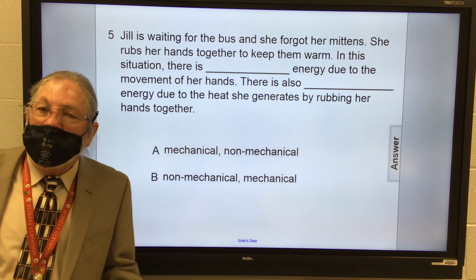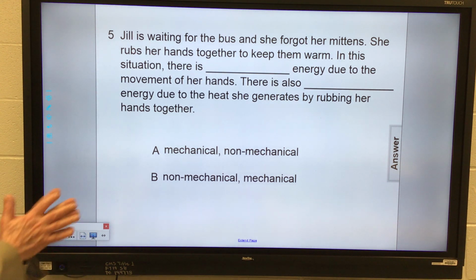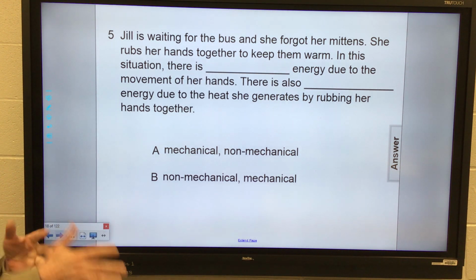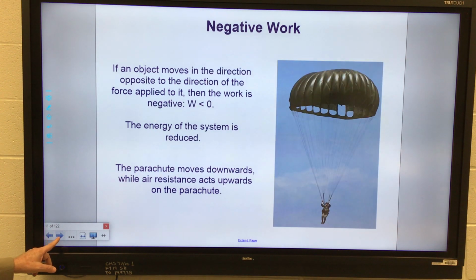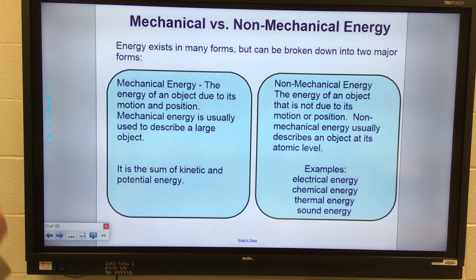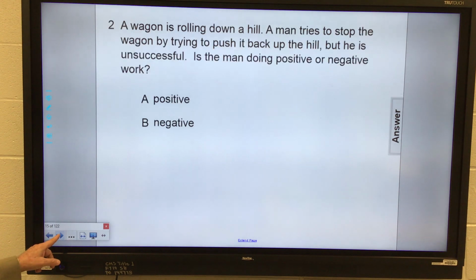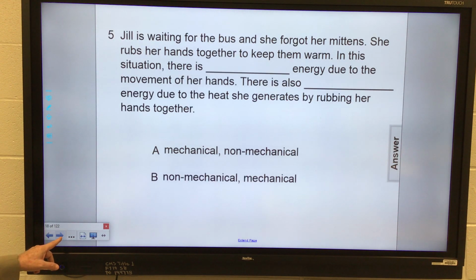That is thermal energy, but is thermal energy mechanical energy or non-mechanical? Don't blurt out an answer. I want you to look here. Did we say that it is thermal energy? Is thermal energy non-mechanical or mechanical? Okay, that's how we're gonna answer that question. I looked at the question wrong, I'm sorry.